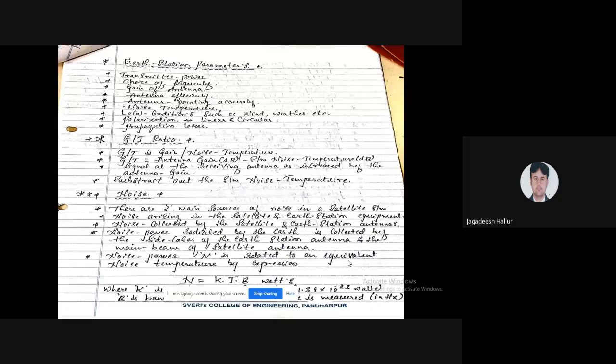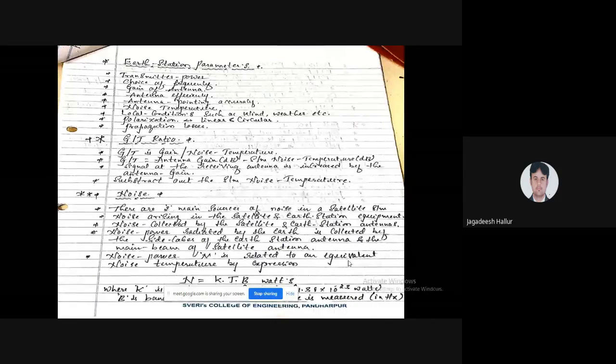Horn antenna, helical antenna, these are the different types of antennas present in a satellite. Based on how much gain the antenna provides, they are going to provide a particular antenna to the particular satellite depending on the gain. And the antenna also depends on efficiency. How much is the efficiency? Is it more than 95%? Is it near to 100%?